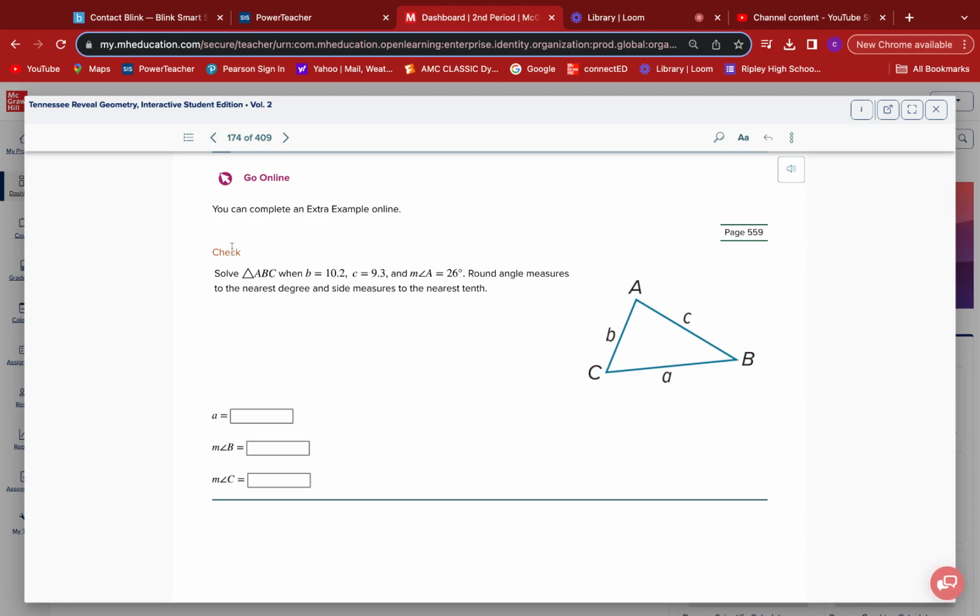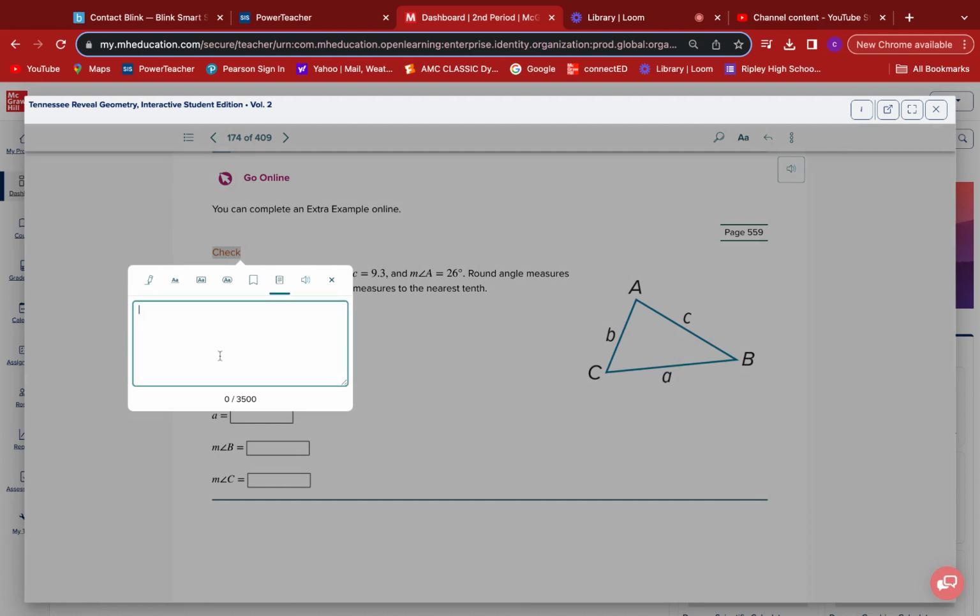Oh, man. They don't give me anything visually to look at. All right, so A squared equals, all right, B squared plus C squared.